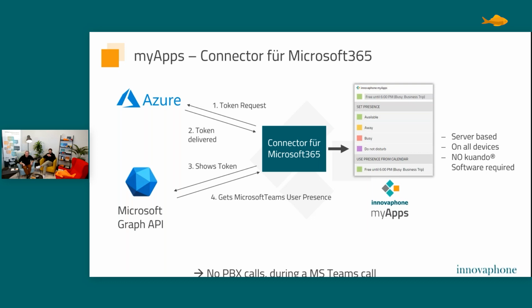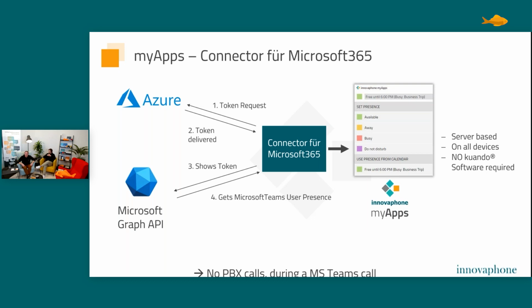So basically when you are in a Teams meeting, the myApps client will take over that and will show you as busy, but not only as busy, but also as on the call, so that really no one can call you when you're in a Teams meeting, and that you're actually not available.